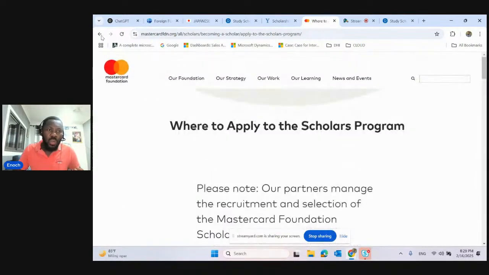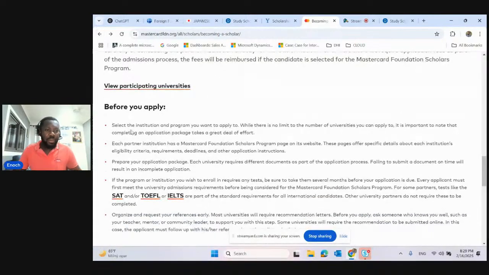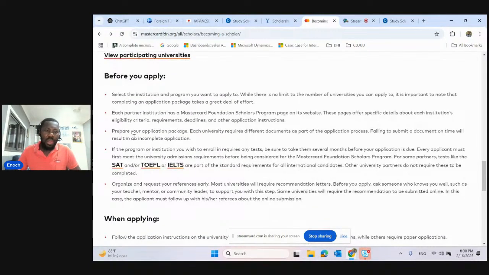Quickly, before you apply, select the institution and program you want to apply to. Each partner institute has a Mastercard Foundation Scholars program on their page, so you can do the application by visiting it and using that information in your application. You prepare your application package. Each university requires different documents as part of the application process, so you should make sure that you know.